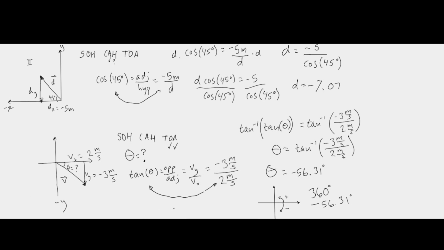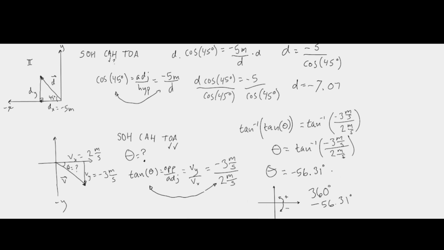Where that comes from is simply I can either go in the counterclockwise or the clockwise direction. If I go in the counterclockwise direction, then I'm going to have a large positive angle to get me to the fourth quadrant. If I go in the negative direction, which is the clockwise direction, I'm going to have a smaller negative angle, which is the negative 56.31.